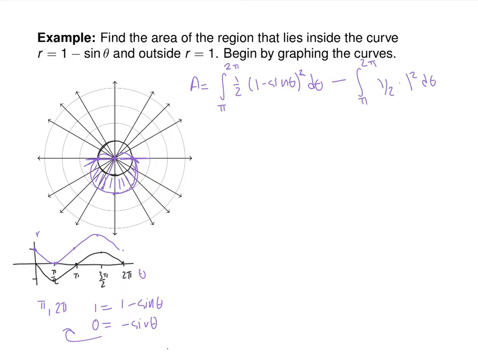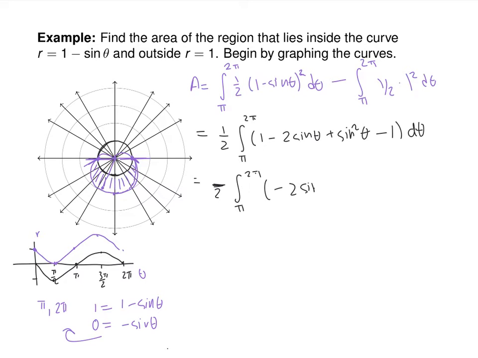And I'm going to combine those into one integral. So we'll pull out the 1/2, pi to 2 pi, and we will expand. So that'd be 1 minus 2 sine of theta plus sine squared of theta minus 1. Notice the 1's cancel. So we have 1/2 integral from pi to 2 pi, negative 2 sine theta.